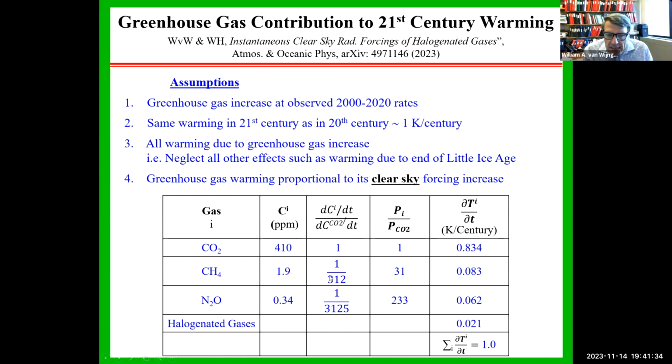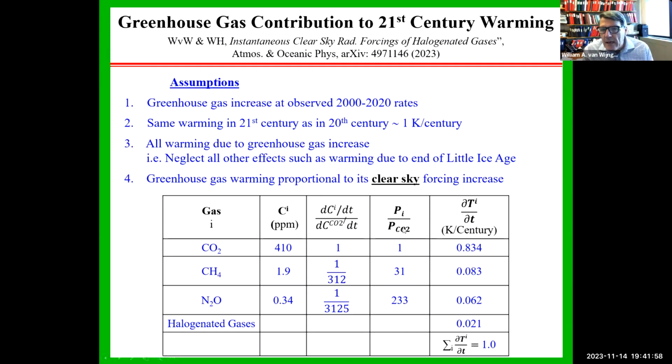In the case of methane, we see that for each 1 molecule of methane being added to the atmosphere, we're adding 312 CO2 molecules. In the case of nitrous oxide, for each 1 nitrous oxide molecule, we're adding over 3,100 CO2 molecules.